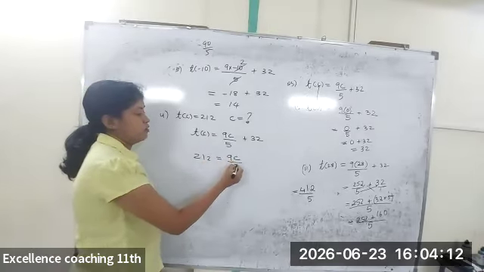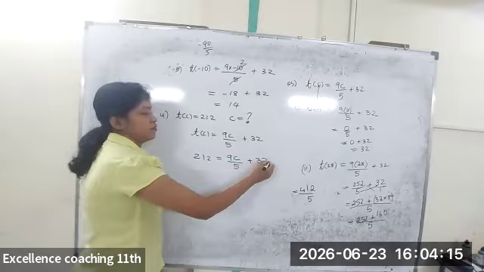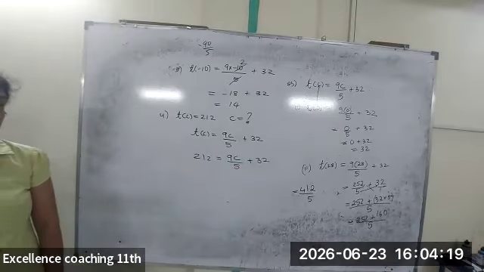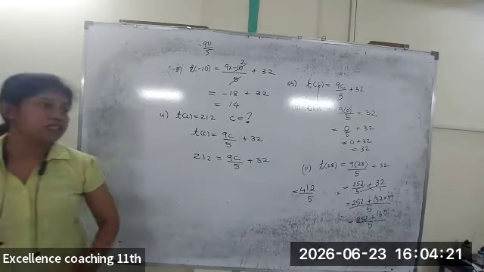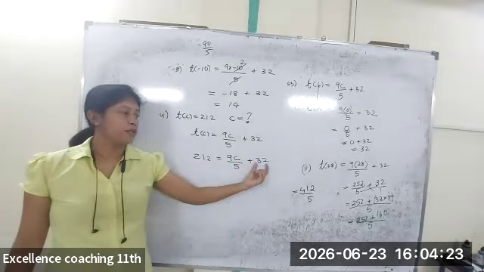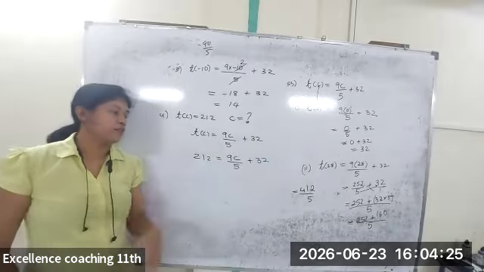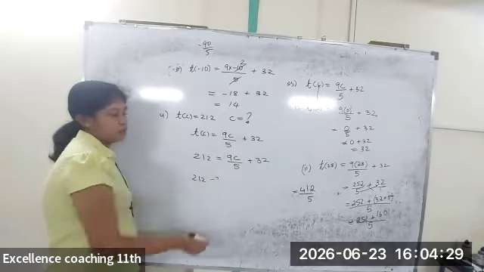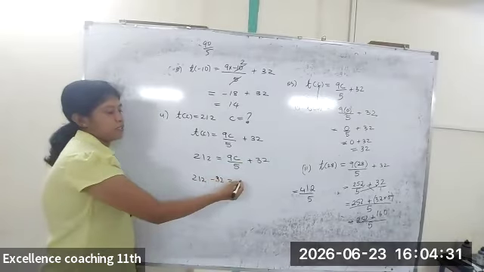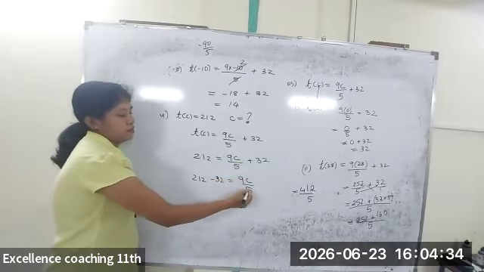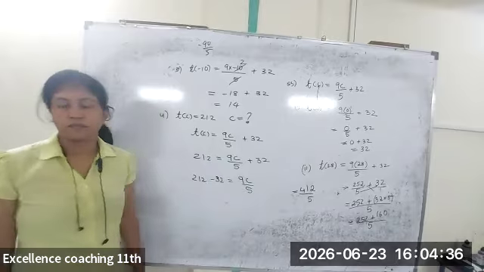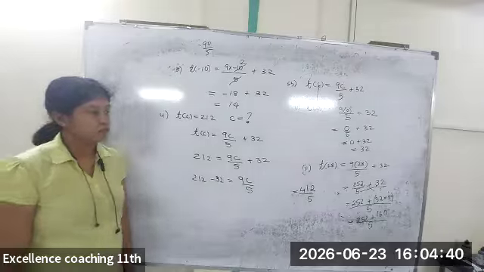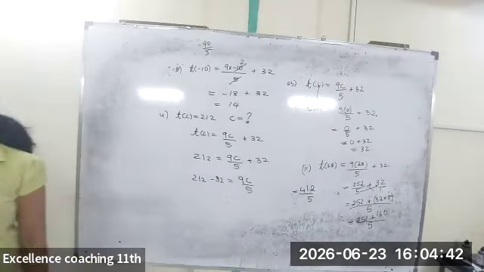You don't know the value of C. What you do is, this is a single number, so bring this whole term this side. So 212. First, if you want, you could have cross multiplied also, or directly you can bring it this. Now minus this. Even if you have cross multiplied, no problem.